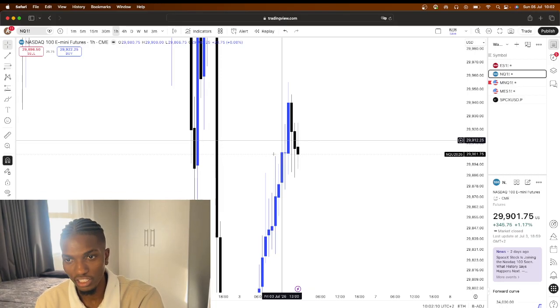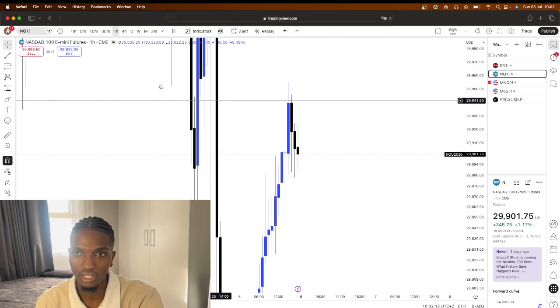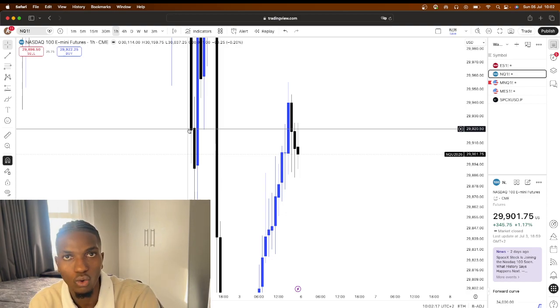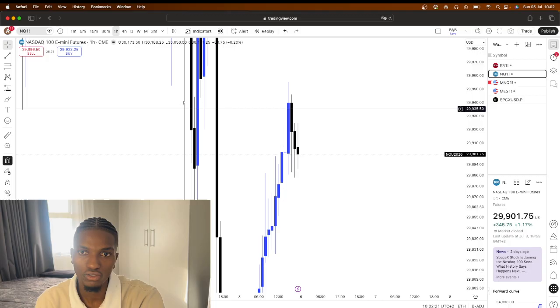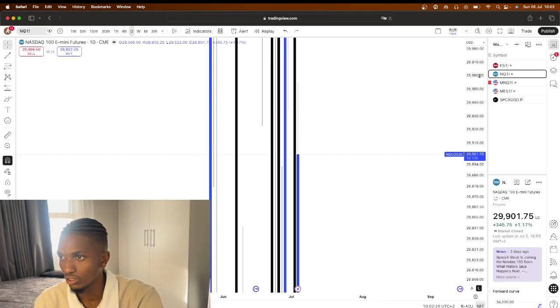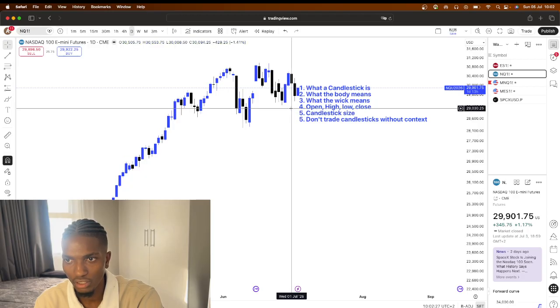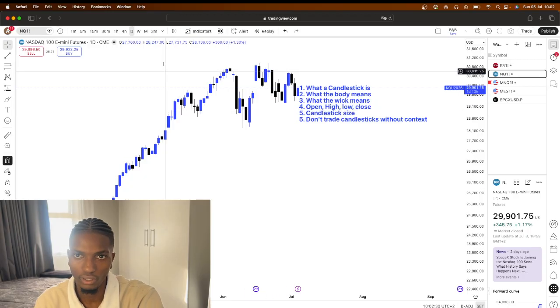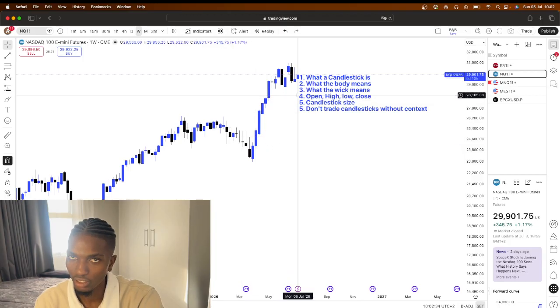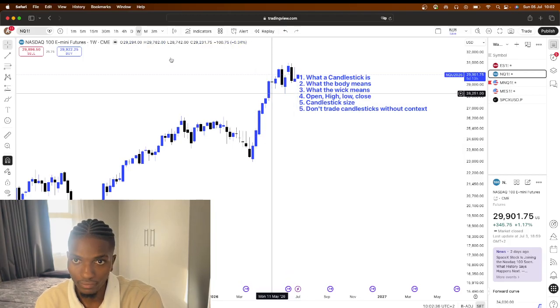Each and every single candlestick under the 1 hour time frame represents a whole hour. Same goes for the days: 1 day, 1 day, 1 day. Weekly, same applies. One candlestick represents a whole week.